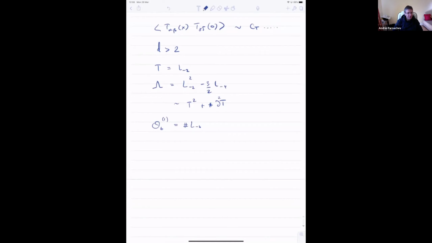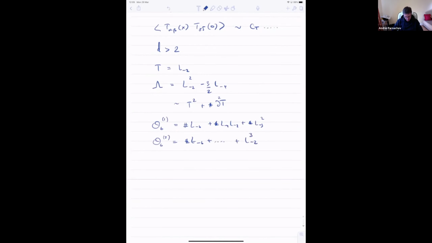So the level 6 is L-6 plus some number L-4 L-2 plus some number L-3 squared. And then the second operator has, again, L-6 plus dot dot dot. The difference of the second one is that there is L-2 cubed.